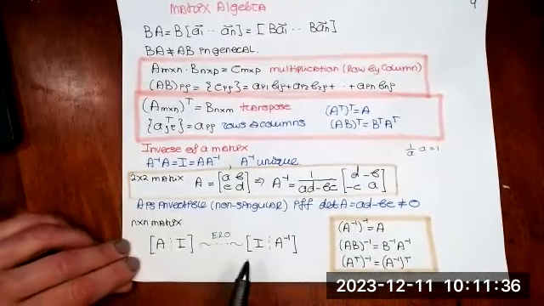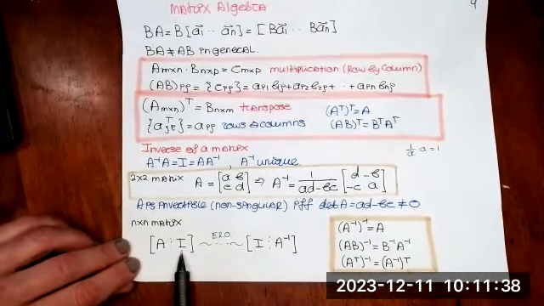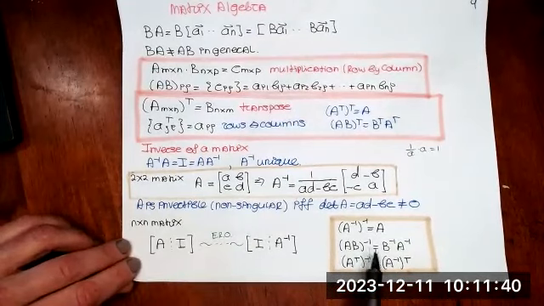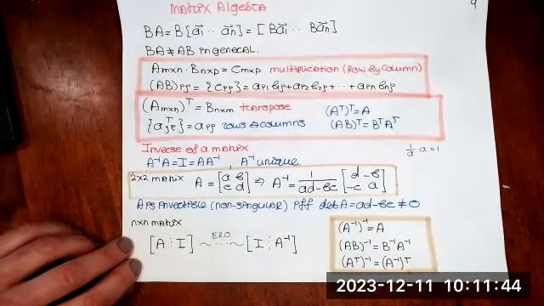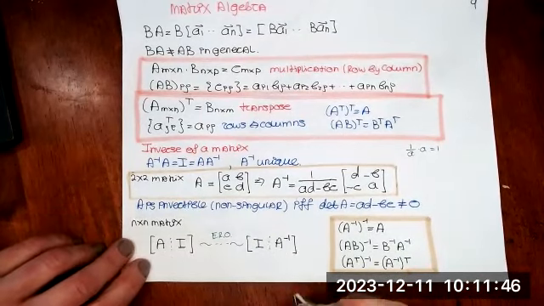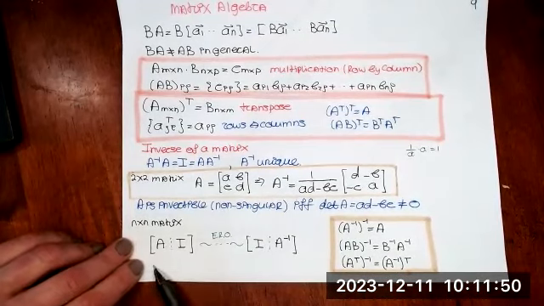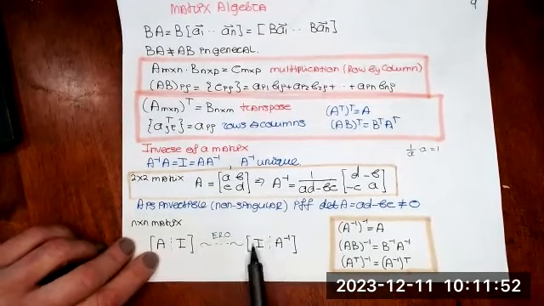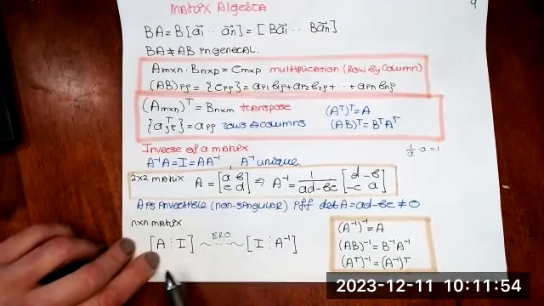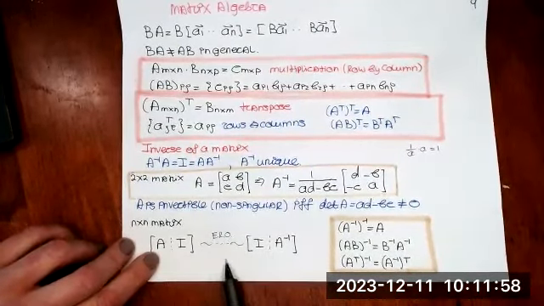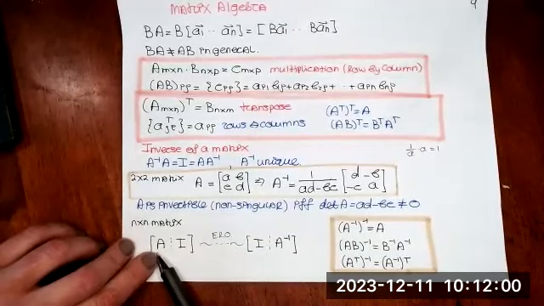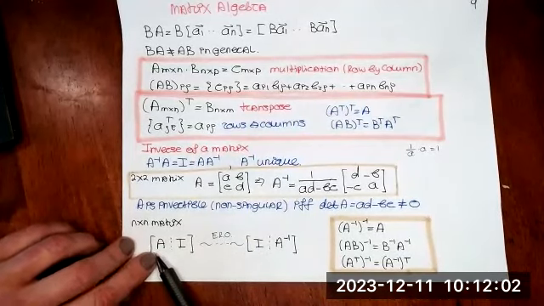You form your augmented matrix, A and identity, and then do your elementary row operations until A is in reduced row echelon form, or becomes I. If A is invertible, it will be row equivalent to I, so you will be able to do this. If you run into problems along the way, that probably means that your matrix A is just not invertible.